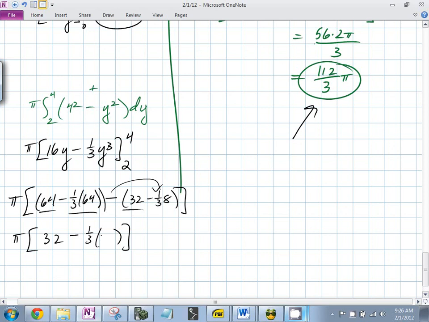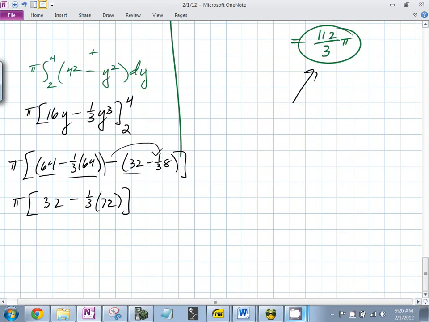It is 72. Are you okay with what I did right there? Good. What's 1/3 of 72? 24. Because it's negative and you're adding, so it's 56. Okay, so we end up with pi times 96 minus 56 over 3.